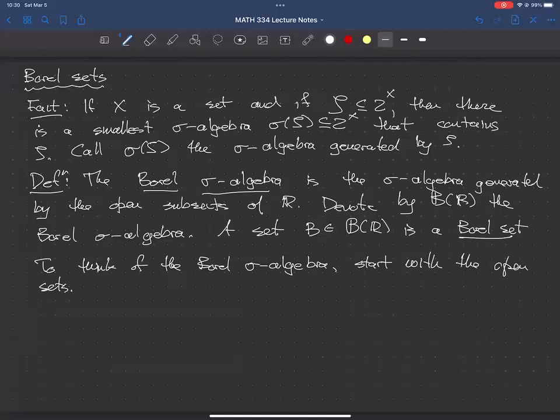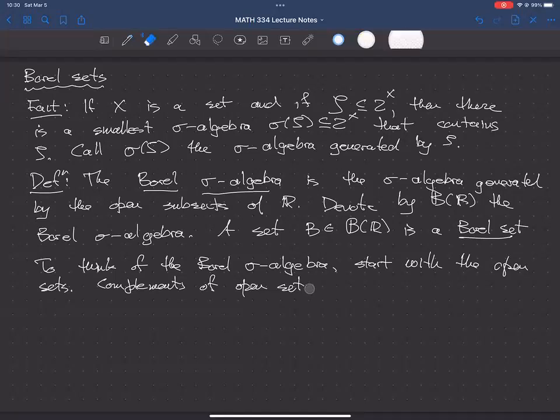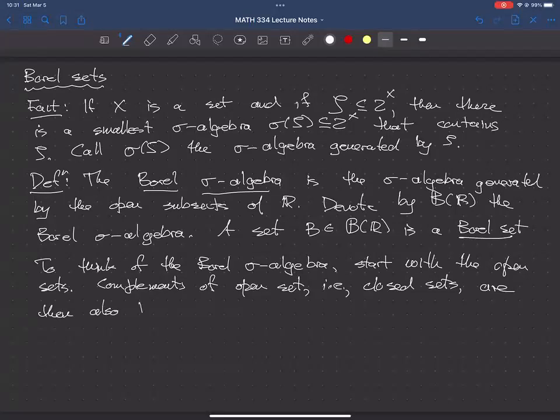Now complements of open sets, which of course are closed sets, are then also Borel sets.